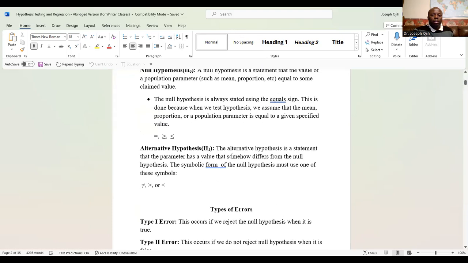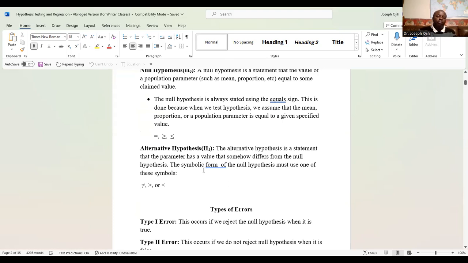So we use the symbols equal, greater than or equal to, less than or equal to when we state the null hypothesis. The alternative hypothesis is just saying the opposite of the null hypothesis.